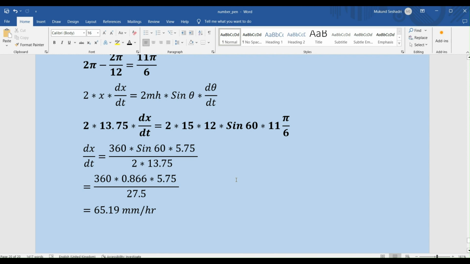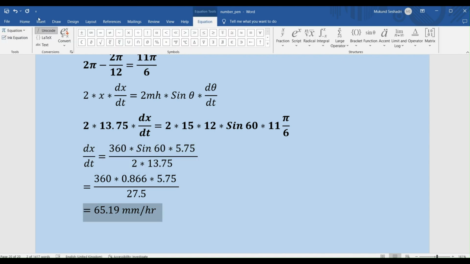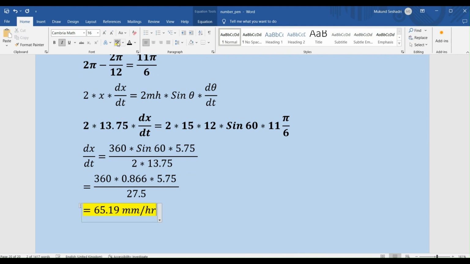So there we have the final answer. 360 into 0.866, which is your sine 60, into 5.75 divided by 2 into 13.75, which is your 27.5 in the denominator. That gives us 65.19 millimeters per hour. The final answer here, 64.19 millimeters per hour, is the rate of change of the distance between the H needle and the M needle at 2 p.m., right?